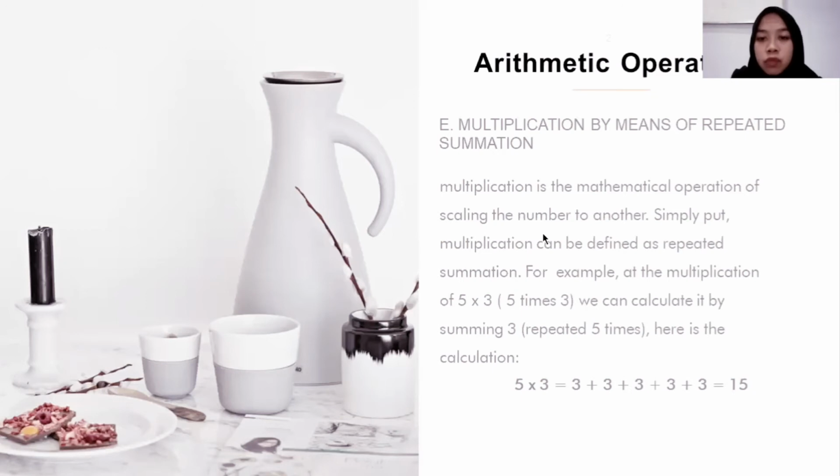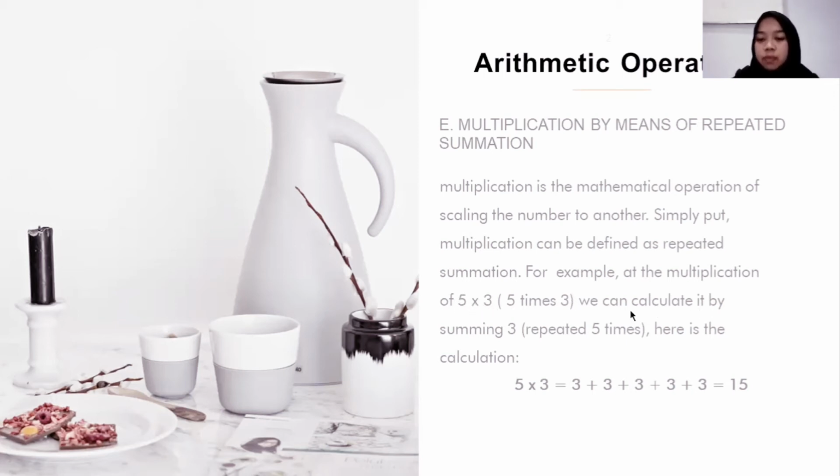Next, we have multiplication by means of repeated summation. Multiplication is the mathematical operation of scaling a number by another. Simply put, multiplication can be defined as repeated summation. For example, the multiplication of 5 times 3.